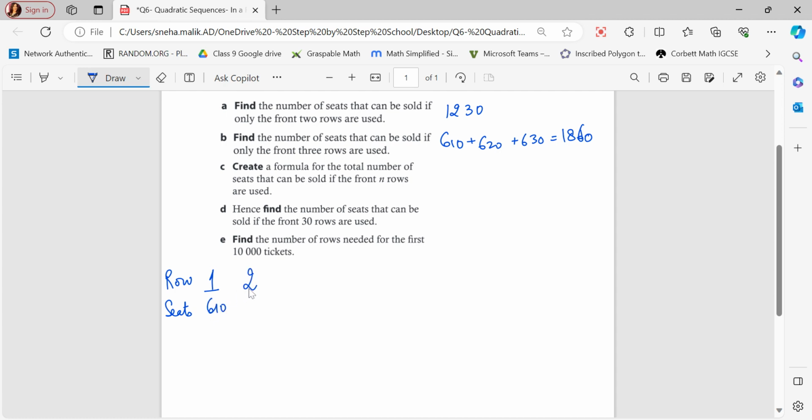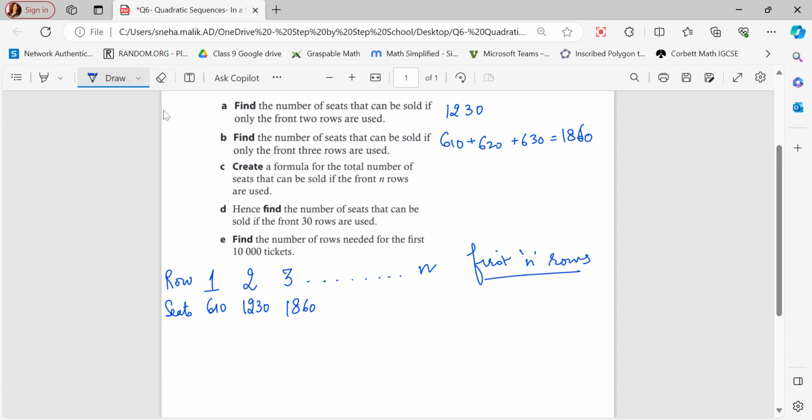If two rows are sold, the sum of the first two terms is 1230 seats in totality. If the first three rows are sold, 1860 seats are gone. This means if I have to create a formula for the first n rows, there is something which is getting added every time.